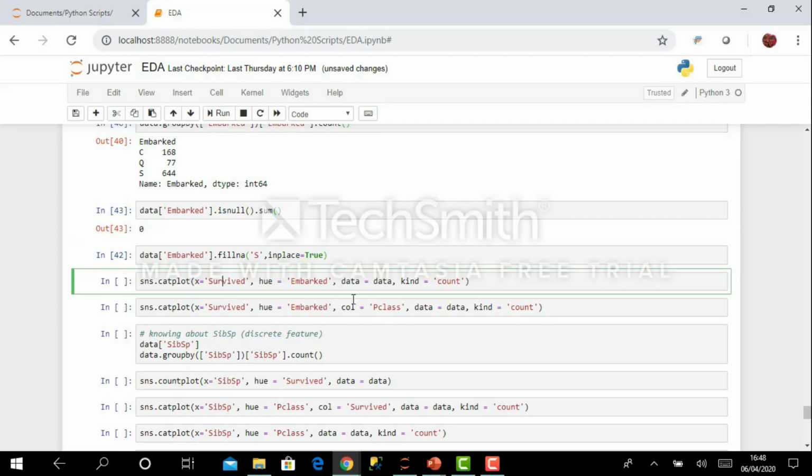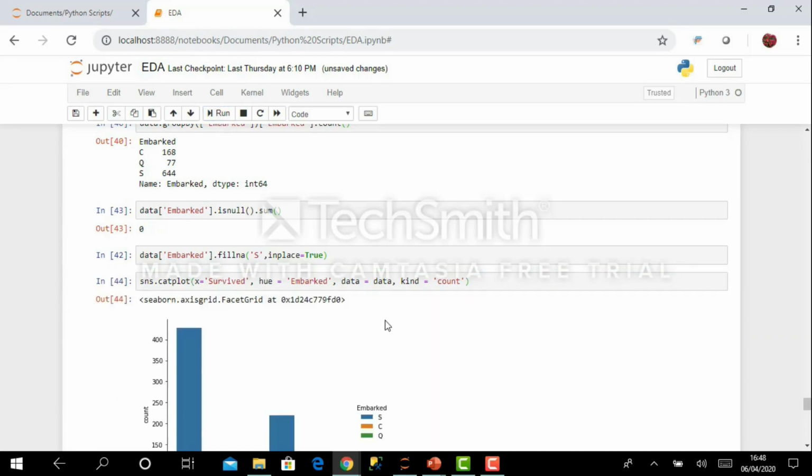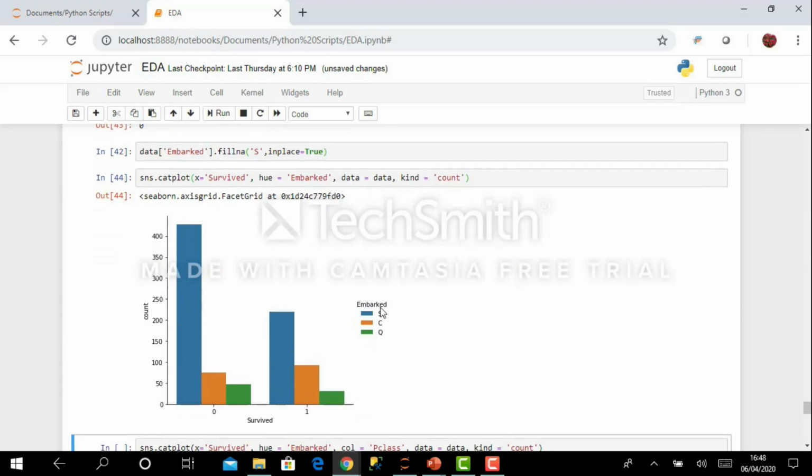Now let us plot survived based on this embarked. I will generate a count plot. Now you can see it based on these 3 embarked values S, C and Q. From the plot I understand that most of the passengers embarked from S, and most of them could not survive.